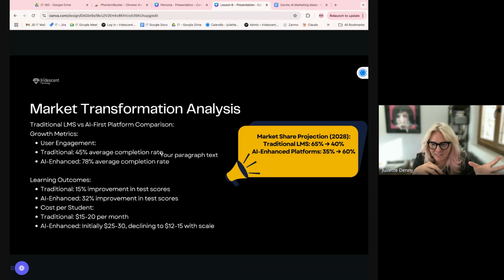Whereas with AI enhanced, because it's personal to you, you're having a conversation with the AI in and around your learning experience, your average completion rate goes up, which means the return on investment for your client is much, much better. So what's driving this massive growth in AI is the fact that AI works better in the learning environment, right?